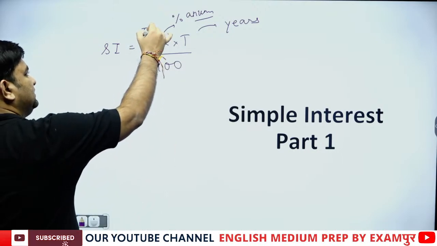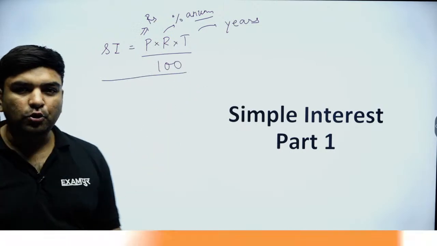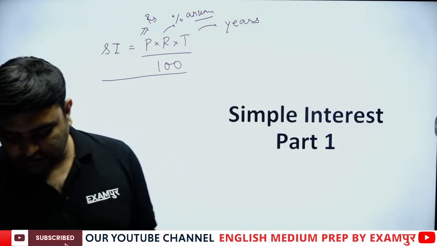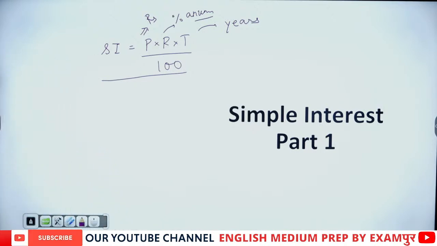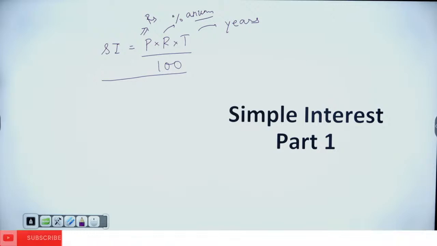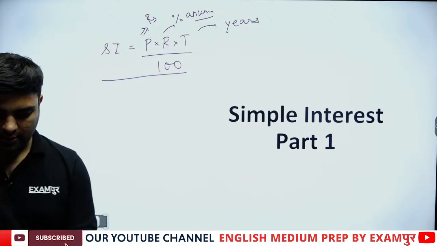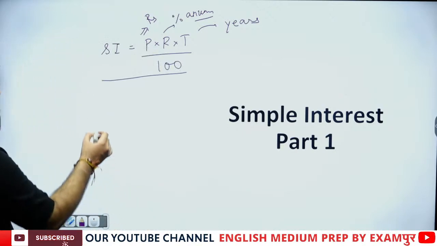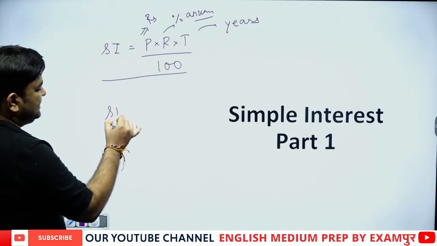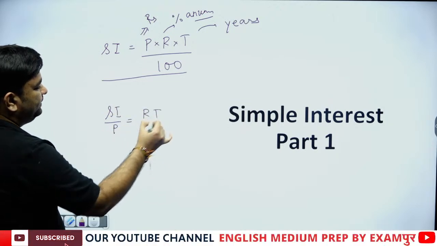Principal is in rupees, so nothing special about it. SI is equal to PRT upon 100 is the basic formula. If you do some modifications, you can write it as SI upon principal is equal to RT upon 100.